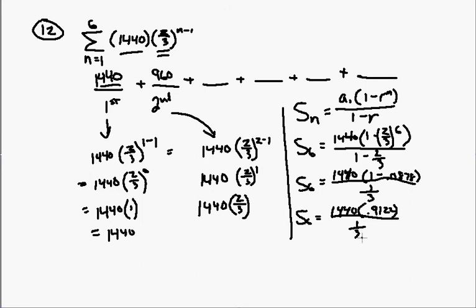Multiplying 0.9122 times 1,440 gives me 1,313.59, divided by 1/3. And so finally I divide that number by 1/3.